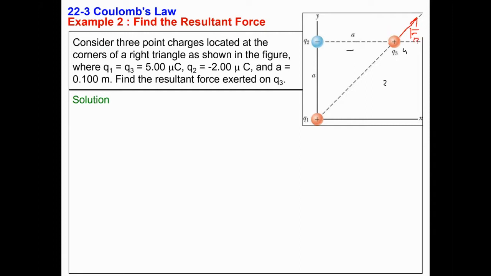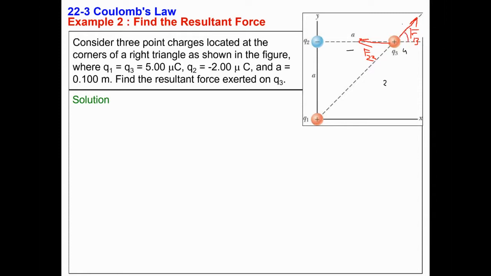And Q2 is negative, so this force is like this. This is F on 3 from 2. We determine the magnitude of these forces, and this angle is 45 degrees.